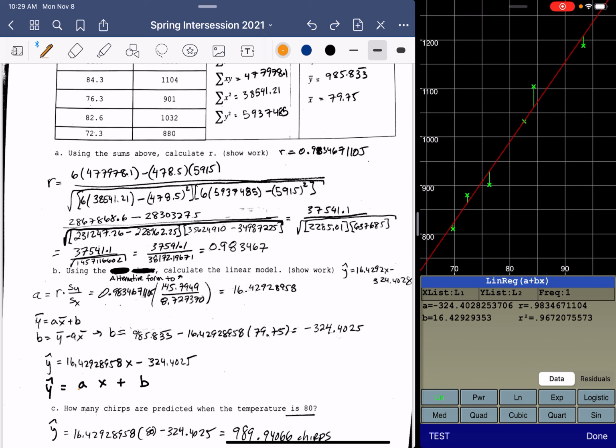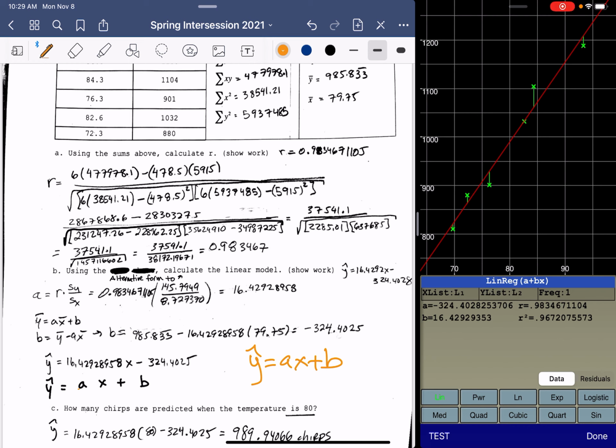There are so many ways of describing creating the line of best fit. All these words come from different fields. And our form is y hat equals ax plus b.